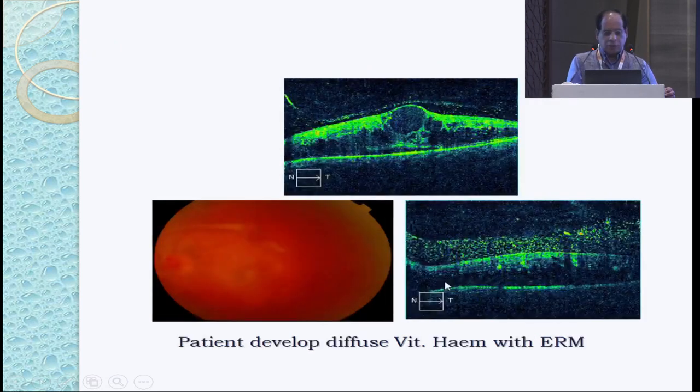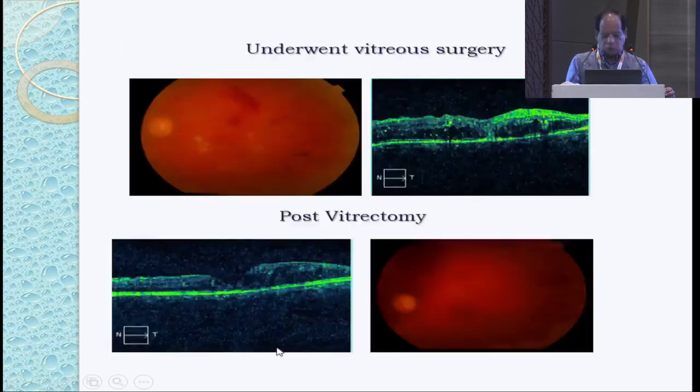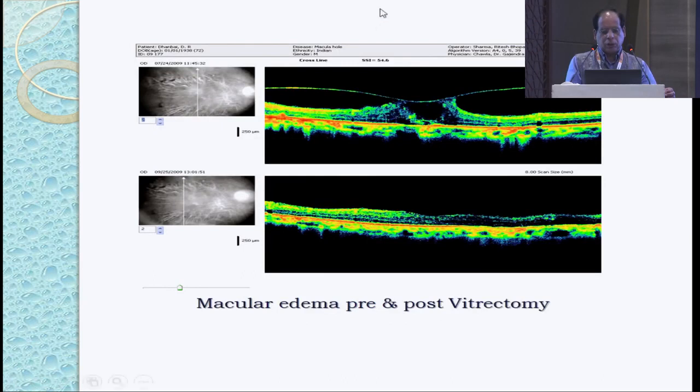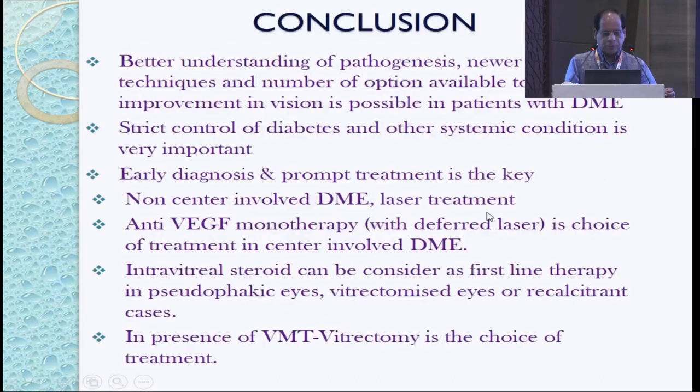In due course of time, the patient developed vitreous hemorrhage and ERM, we decided to go for vitreous surgery, and after the vitreous surgery things have stabilized. Another patient post laser had not much clinically significant macular edema on clinical picture, but vision was not improving. When OCT showed there is a tractional element, after the surgery it has stabilized.